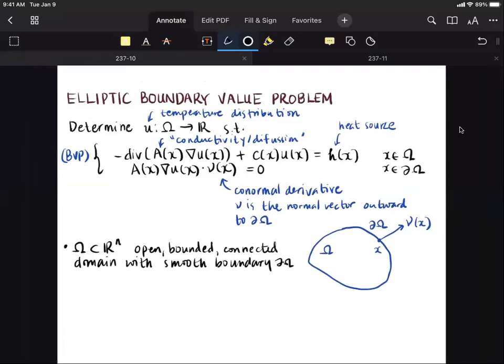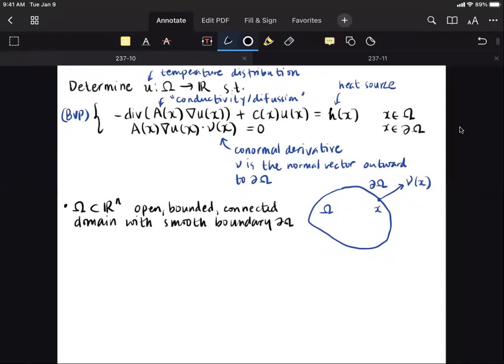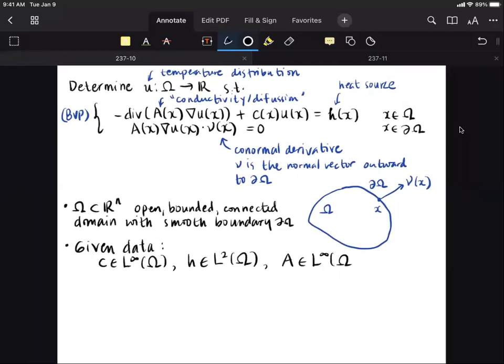And likewise, we have the following given data. So we suppose that the coefficient C is essentially bounded, and the heat source h is square integrable, and A is a matrix valued function whose components are essentially bounded.